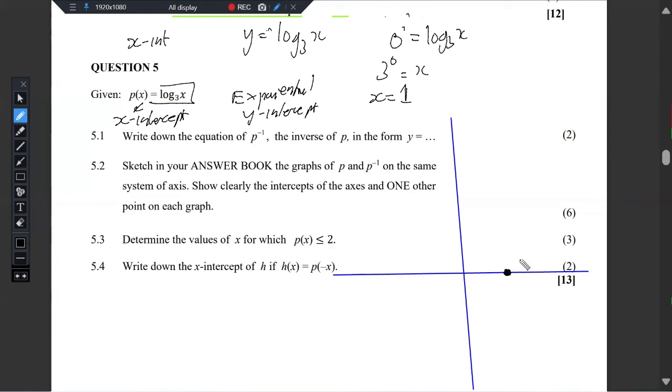Now, we know that for the log, this here acts as the asymptote, right? If you want to confirm that, you can say log, and try to put a 0 here.